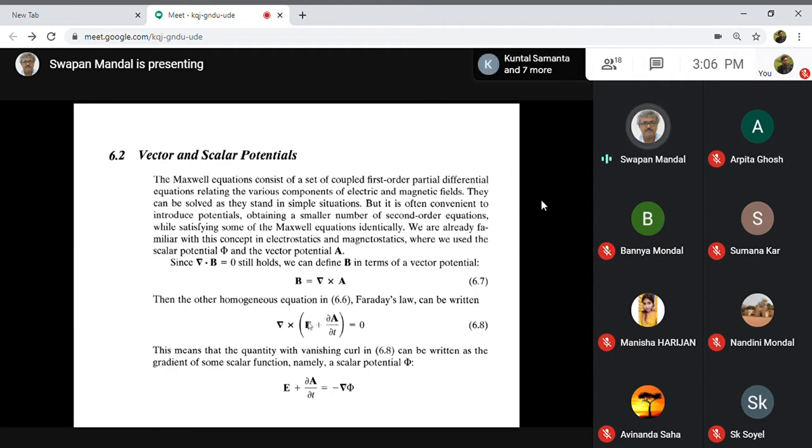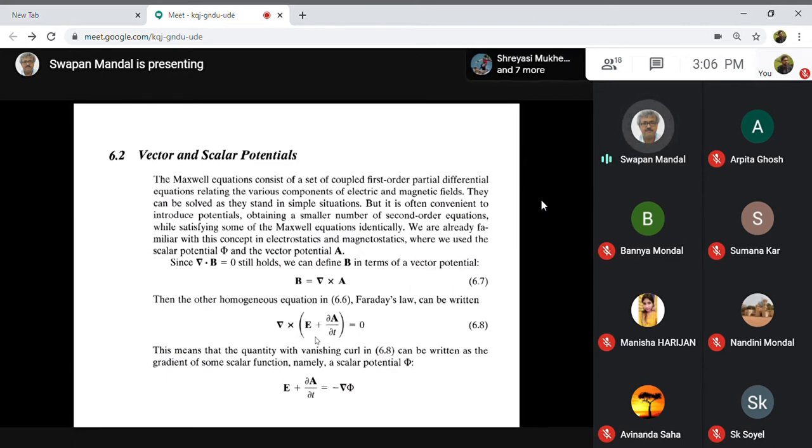So the electric field has got modified because of the time-dependent vector potential. The temporal dependence of the vector potential has modified your previous electrostatic field.